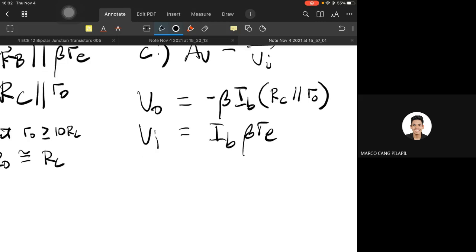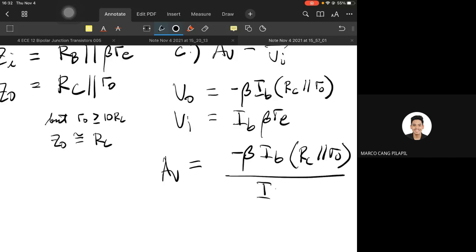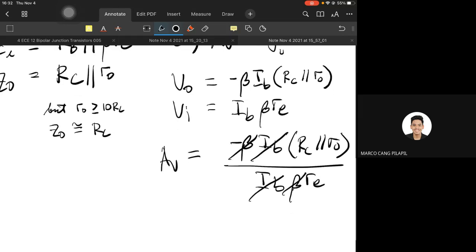So nata expression for VO and VI. So voltage gain is equal to VO negative beta IB RC parallel RO divided by IB beta RE. Cancel si IB, cancel si beta.